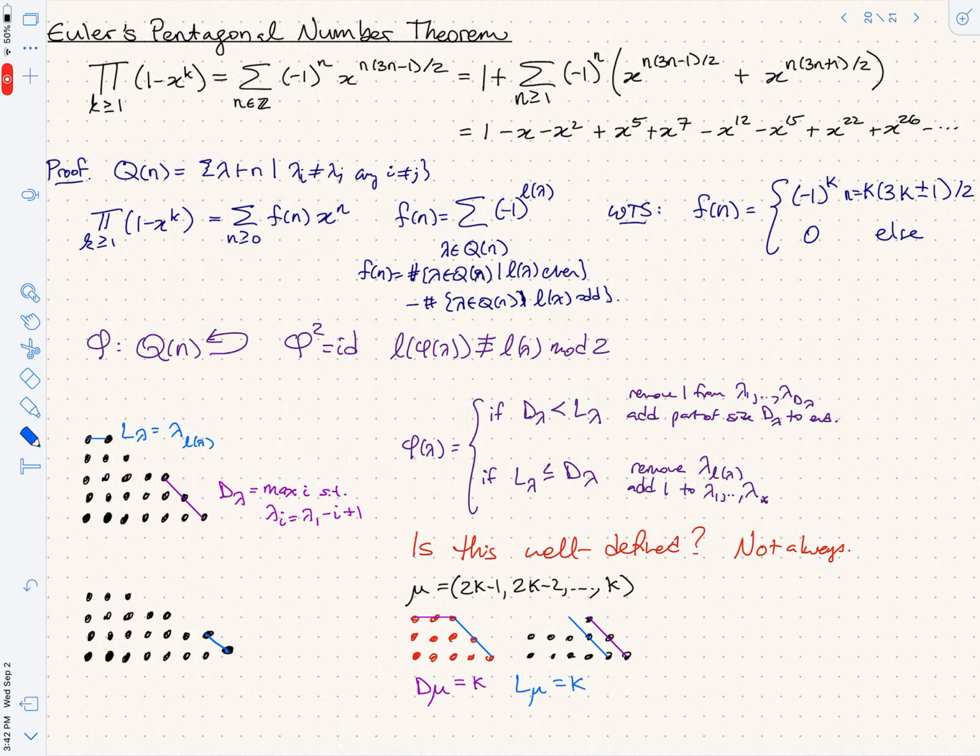And when they're both equal to k, then the problem is that when I start to take off that L mu and I take off that last part, I've also taken off a little bit of d mu.